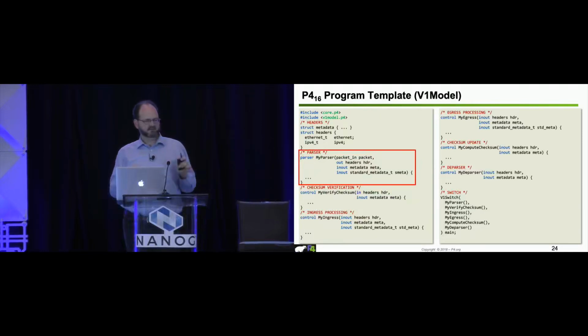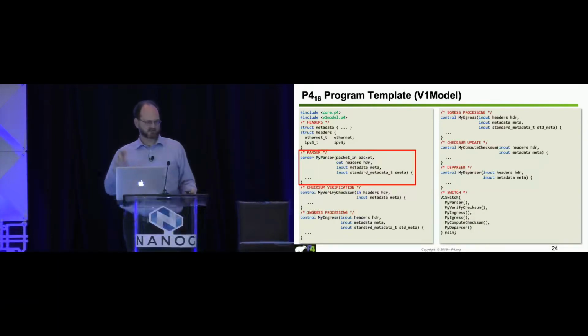These particular parameters that you see here, don't touch them. These are part of the V1 model architecture. If you remove one, the program won't compile. If you add one, the program won't compile. Inside of these blocks, you can add user-defined metadata and other things you want. Inside of those types, like the one that's out headers, headers is a type defined typically early in your program. You could define the contents of that header struct. As many headers as you want will fit.